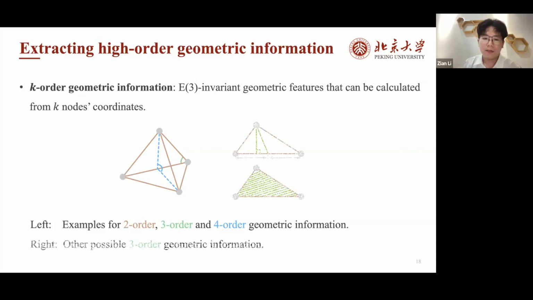And in the right graph, we show some other possible 3-order geometric information, including the vertical line, the middle line, and the area of a triangle. As we can see, high-order geometric information includes, but is not limited to, those commonly seen geometric information, for example, distances or angles.